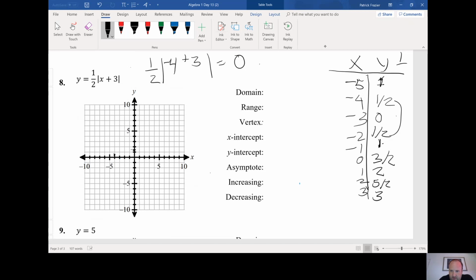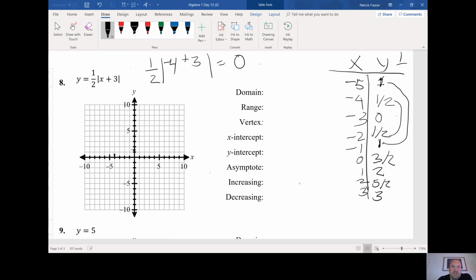When x equals -1, y equals +1. When x equals -5, y equals +1. And you could bet that if y is 3 halves when x is 0, when x equals -6, y would also be 3 halves.